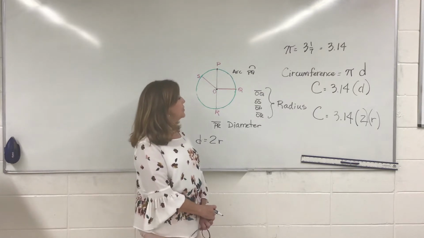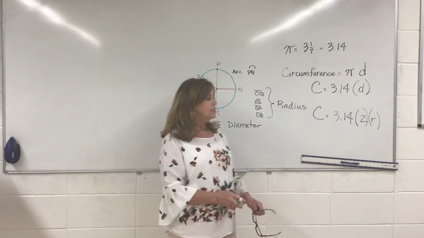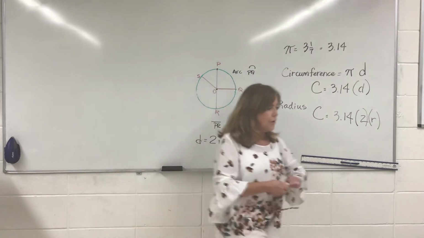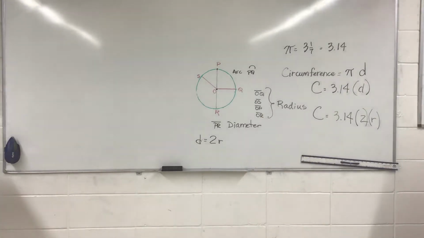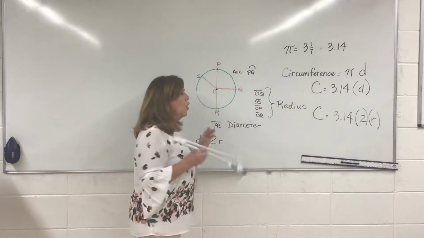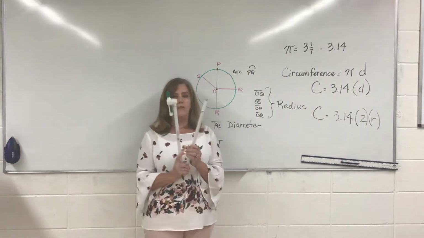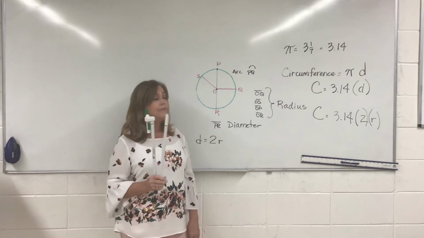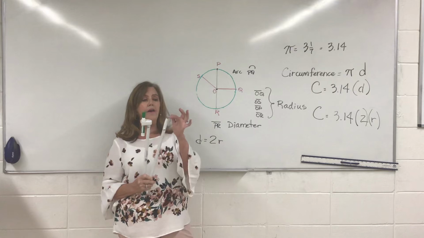Okay, now the last thing I want to do is show you how to use your compass. You receive those, and you also have a ruler, okay? The only way a compass works, and this is one big compass, is with this.